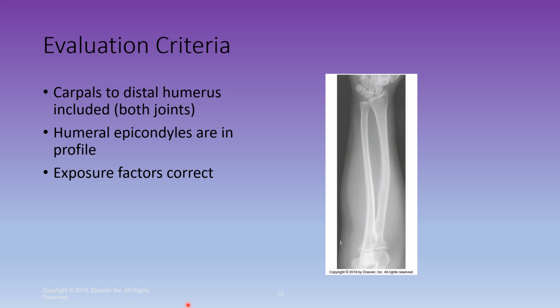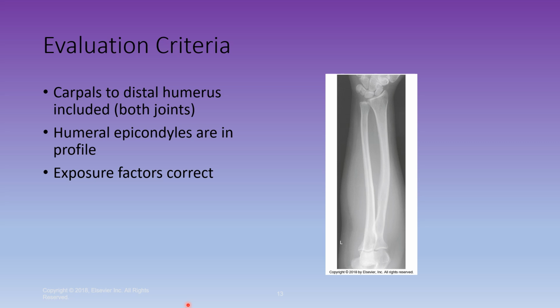The humeral epicondyles are in profile. And as far as technique, this looks pretty good. You can see soft tissue outline, you can see bone trabeculae. All of those are important when you are imaging a patient, as far as knowing if you've got an acceptable amount of brightness and contrast.